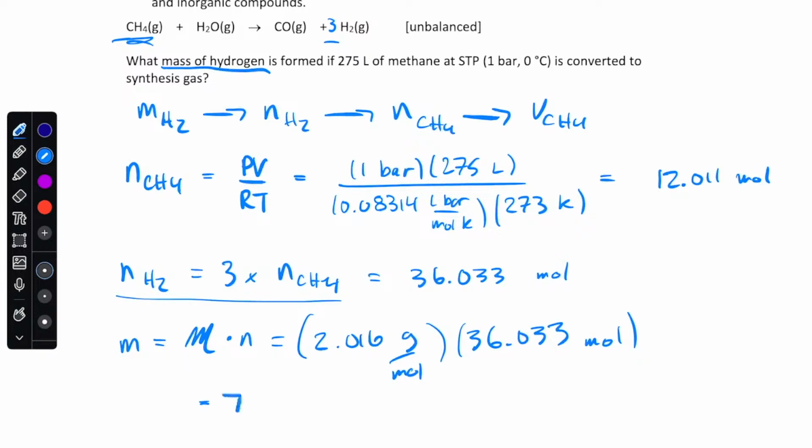That gives us 73.2 grams. Common mistake would be not balancing the equation first and remembering to multiply by 3. It's probably the biggest one. Or putting in your moles at the end, not converting it to mass, not doing that last step.